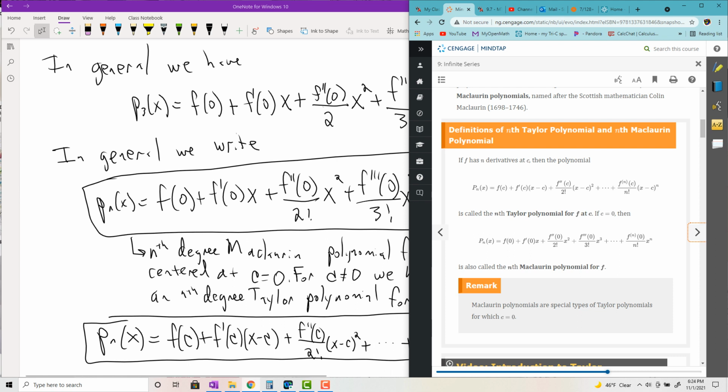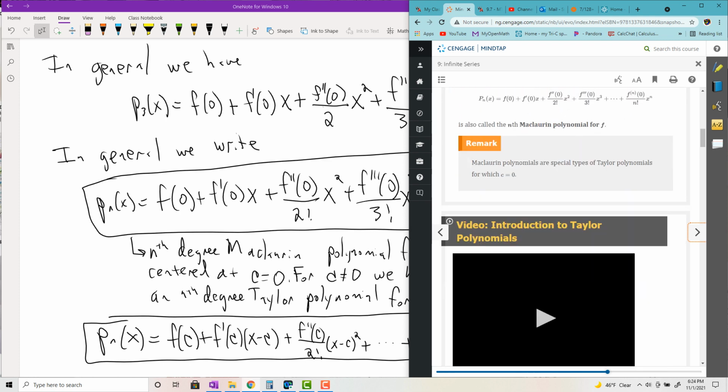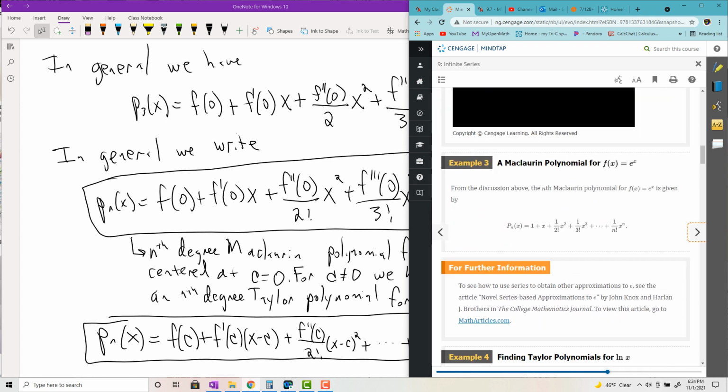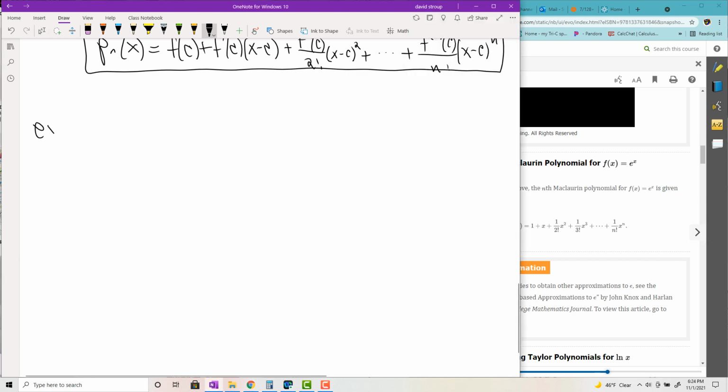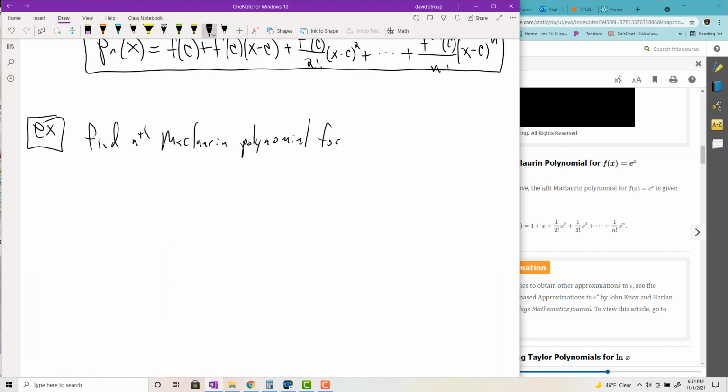Next in the book, they're generating the general formulas for the Maclaurin and the Taylor polynomials, and then doing things in general. For example, if they want the nth Maclaurin polynomial, find the nth Maclaurin polynomial for f of x equals e to the x.